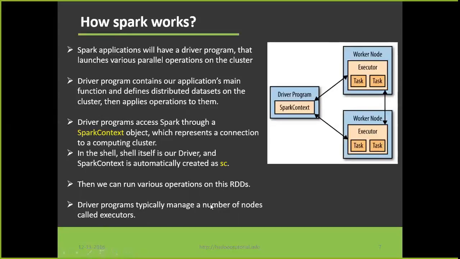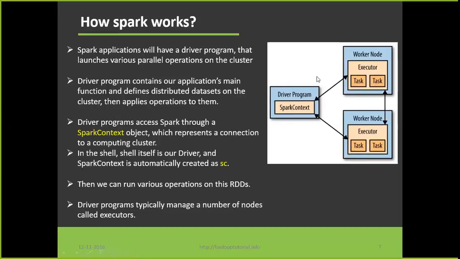Driver programs typically manage a number of nodes called executors. Once the SparkContext is kickstarted in the driver program, and it has to submit its tasks, it will submit them to worker nodes. Inside worker nodes, the JVMs where your tasks will run, we call those JVMs executors.